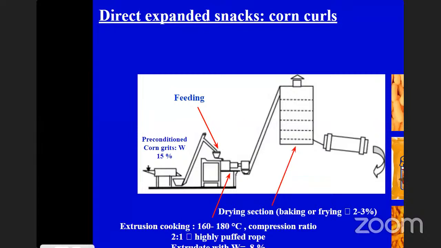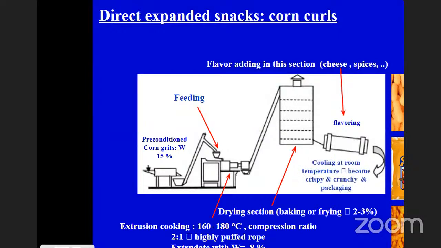And then it is dried or baked or fried to reduce the water content to 2 to 3% as final water content. Flavoring can be added after the product is dried and then cooled at room temperature.